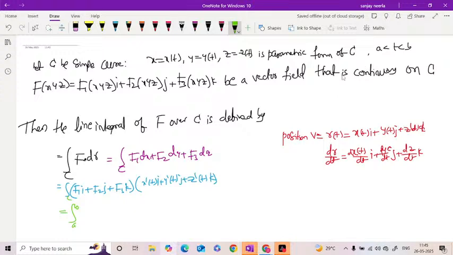C is x equal to a function of t, y equal to a function of t, and z equal to a function of t, and t is in between a to b. Then the integral a to b of F1, a function of t only, into dx by dt into dt.